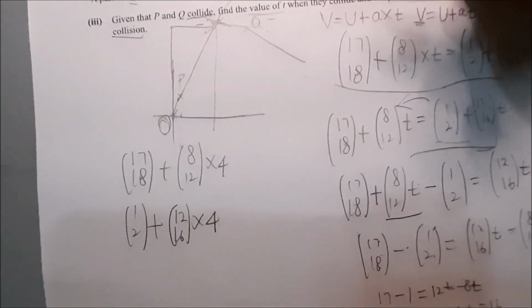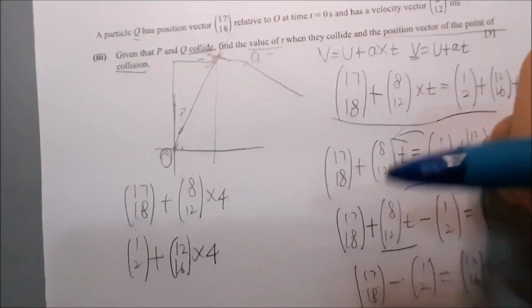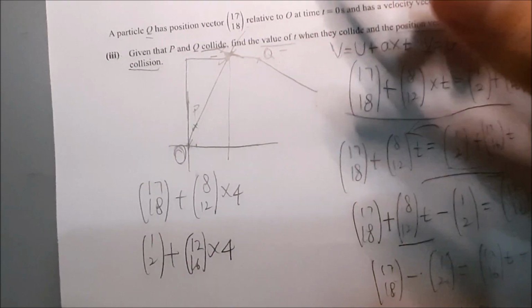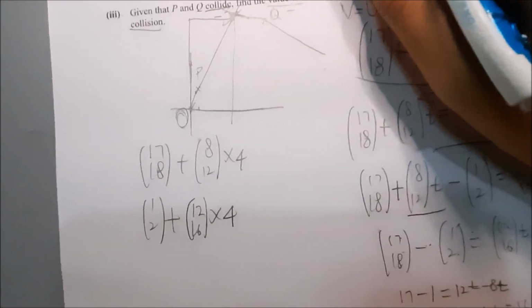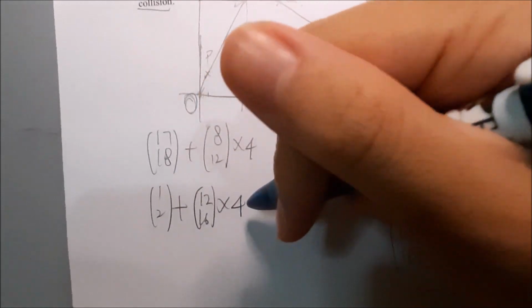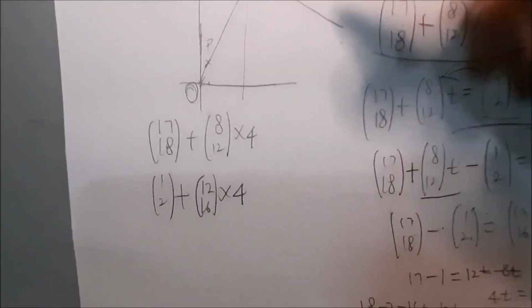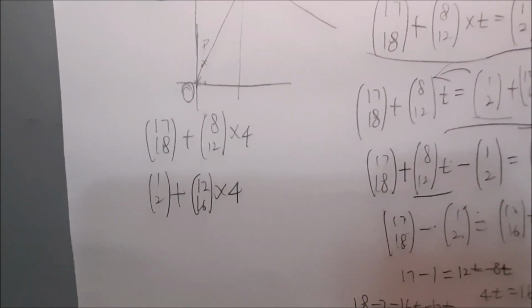Why I'm doing this is because when t equals 4, these two particles are colliding with each other, and the particles have moved 4 seconds. After 4 seconds, they met at the spot. This is assuming that both particles moved at the same time.